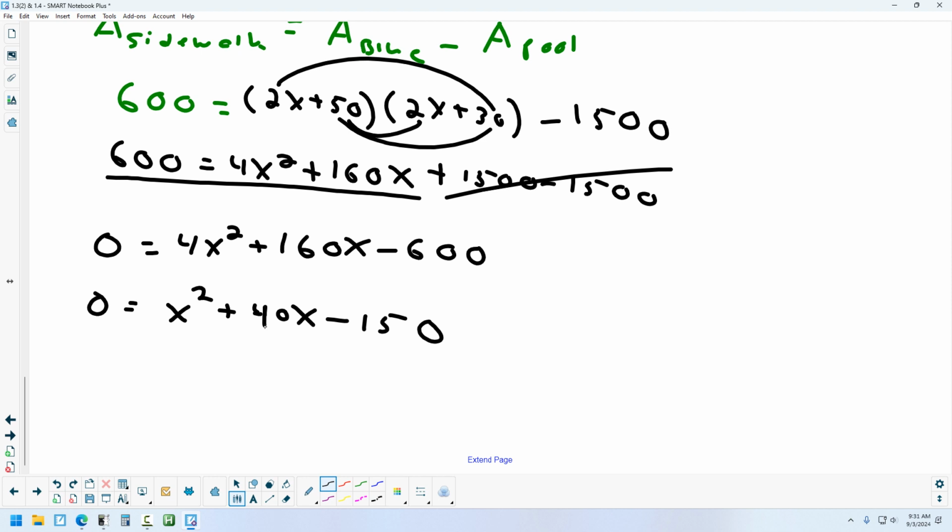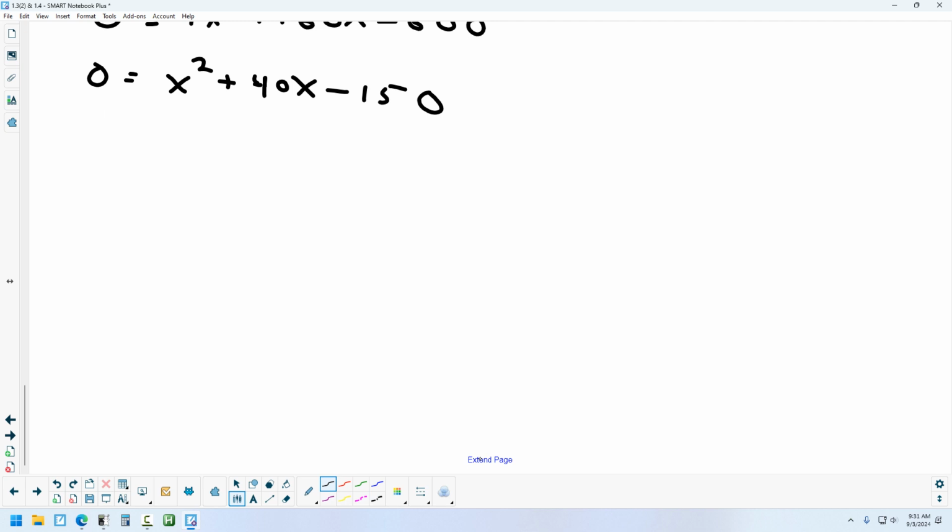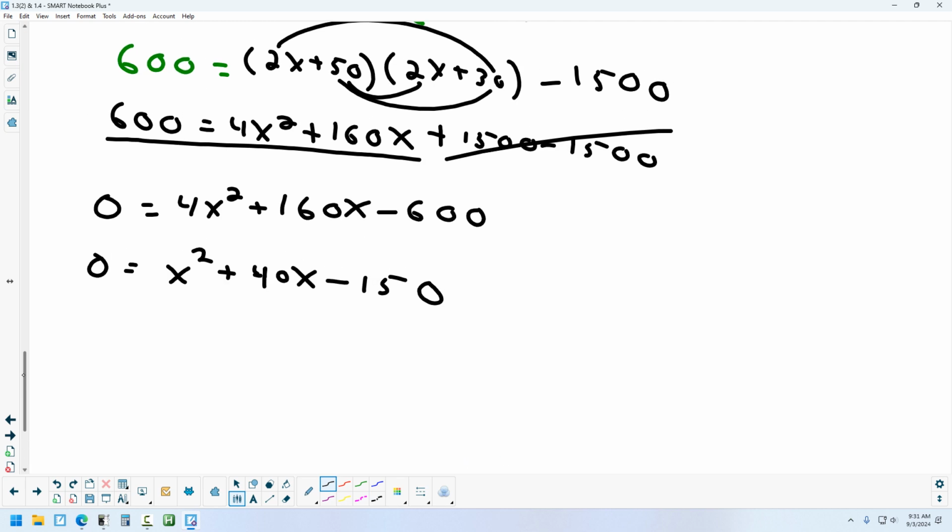I'm going to use quadratic formula because I don't know if that's factorable. Those are big numbers to try to factor.